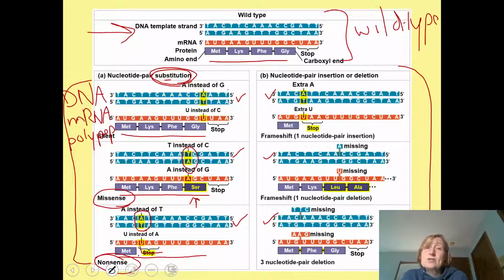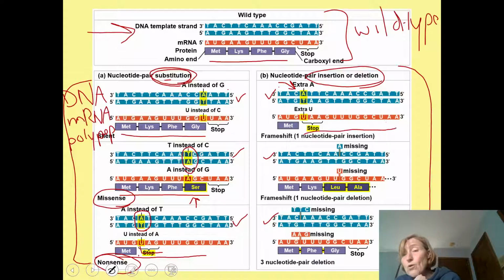In addition to substitutions, you can get insertions or deletions, and these are really devastating because what that does is it frame shifts the reading of your mRNA molecule. If you add an extra nucleotide in, that messes up the whole rest of the reading of this mRNA molecule. Everything has to be shifted over, and that can lead to all sorts of problems.